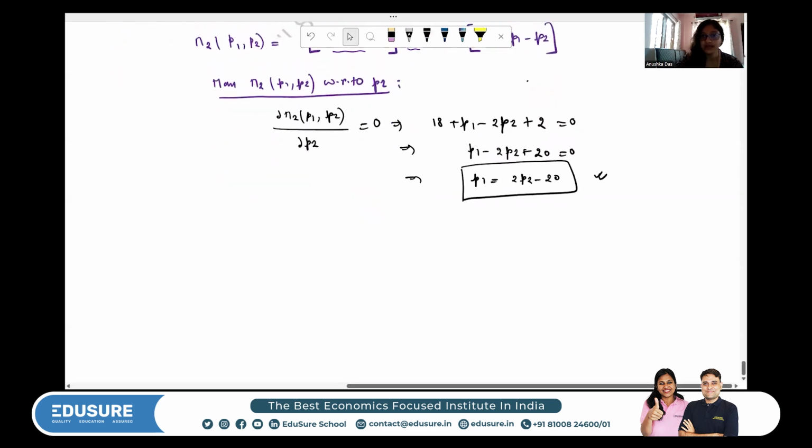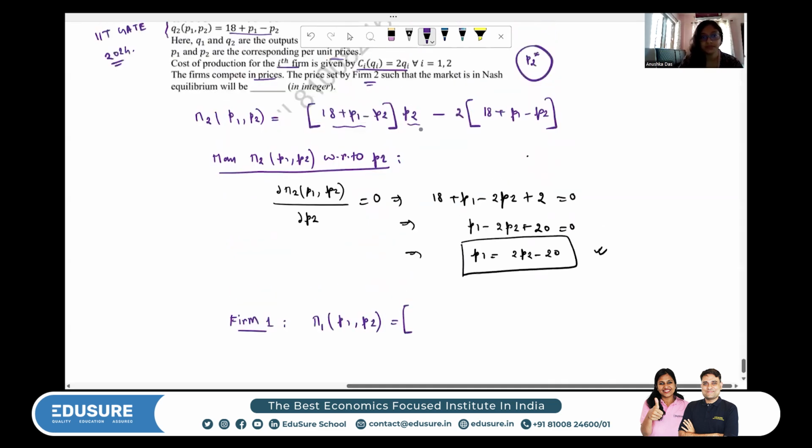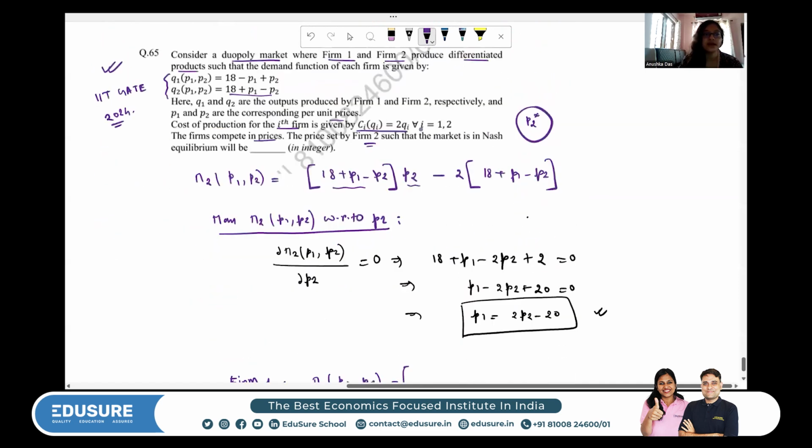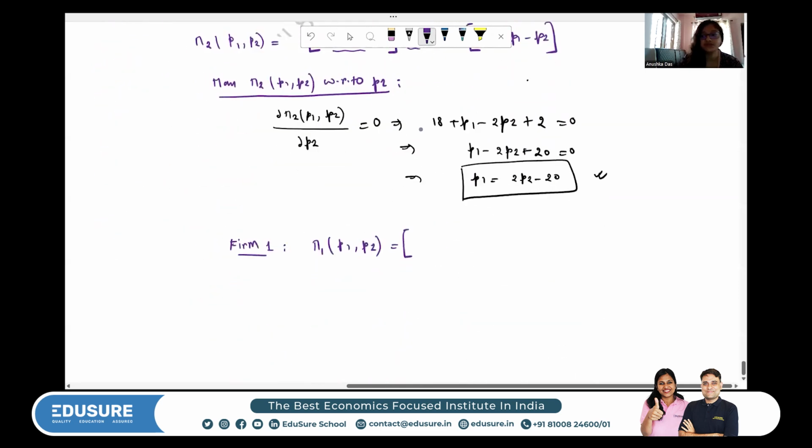Now, let's consider firm 1. What will be the profit of firm 1 in terms of P1, P2? Output is 18 minus P1 plus P2, into the price, minus 2 into this same thing.